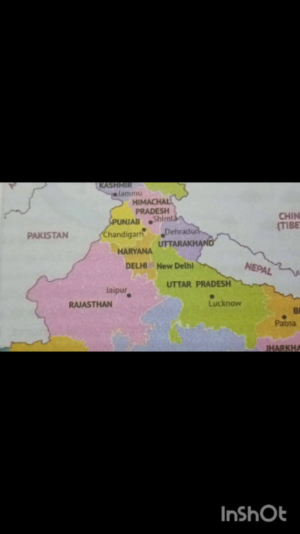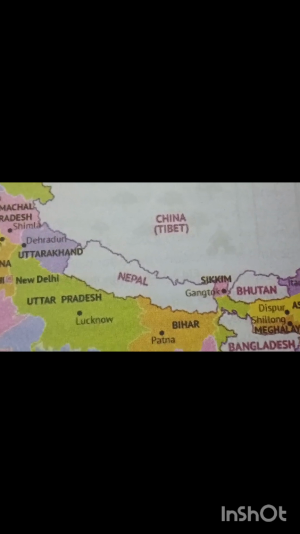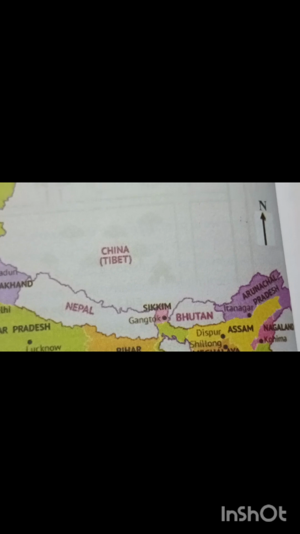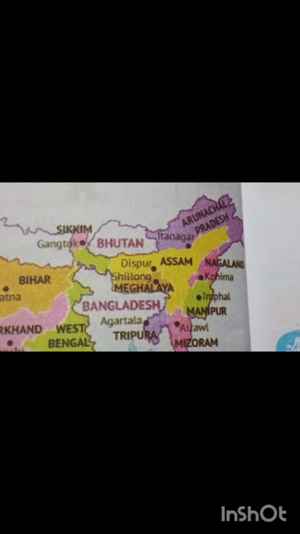And some of the border countries having borders with our land India. On the left side, if you observe, Pakistan, Afghanistan, Tajikistan, Nepal, China, Bhutan, Bangladesh, Myanmar.